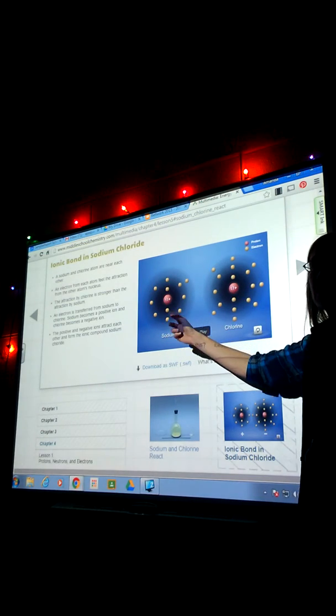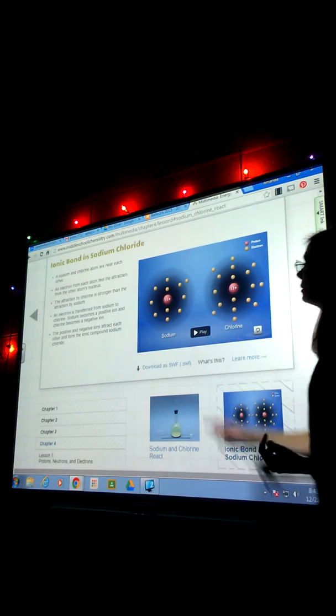Yeah, it wants to give it away. That's why it's so reactive. Now chlorine has 7. What does it want to do? It wants a full energy level. Yeah, it wants to gain 1 in the worst way. So these two atoms work well together in giving and taking electrons.